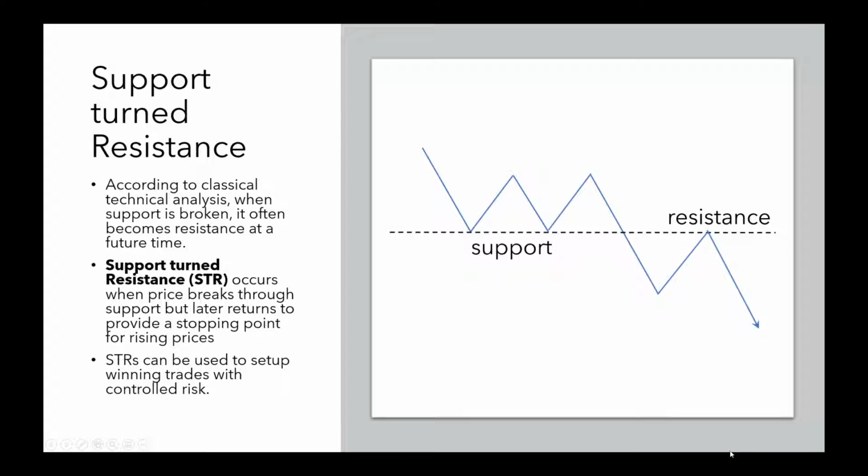You can see in the picture here that we have a support that is validated by the second touch of the horizontal dotted line. You can notice in both times, and some of you may know this is called a double bottom, where the price bounces higher and then returns to the support. That just validates that level.